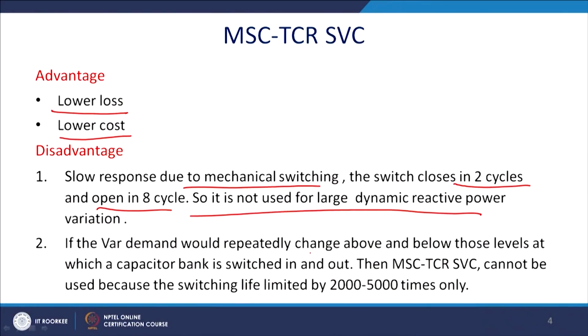So, it is not used for large dynamic reactive power variation, and also not for fast dynamic reactive power variation. If the var demand repeatedly changes above and below the level at which the capacitor bank is switched in and out, then the MSC TCR SVC cannot be used, because switching life is limited to 2000 to 5000 cycles.